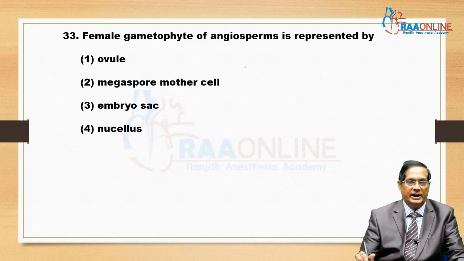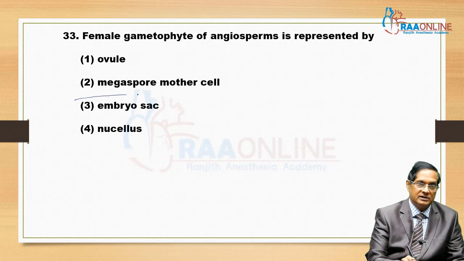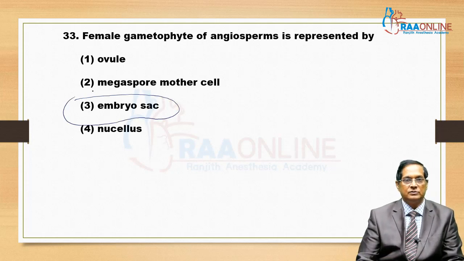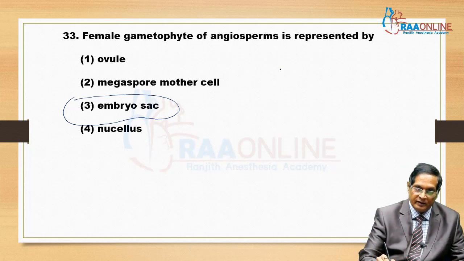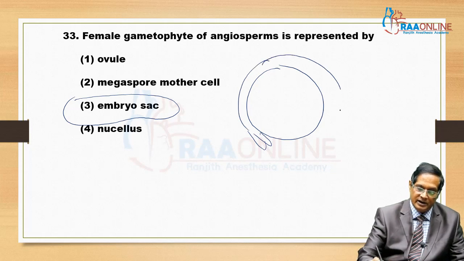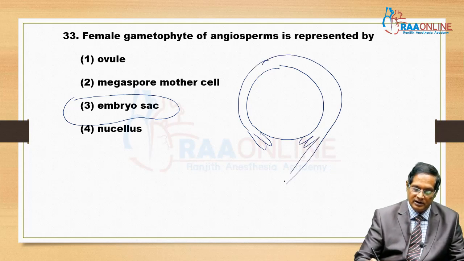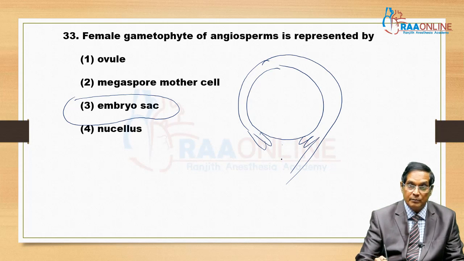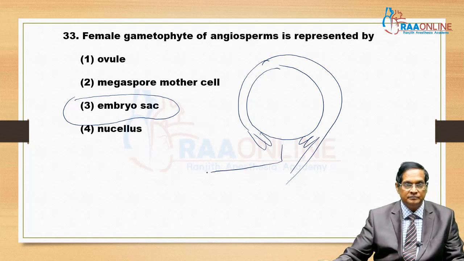Female gametophyte is represented by this embryo sac. Female gametophyte is known as embryo sac. This is the ovule, the nucellus. These are the integuments. This is the micropylar region.